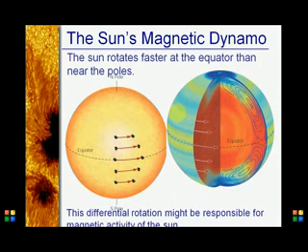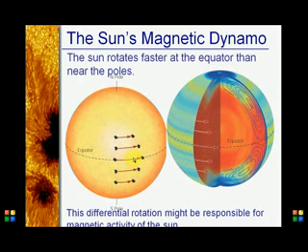The sun rotates faster at the equator than near the poles, and that's, as we said before in the previous lecture, because we need to make the sun all rotate at the same time, so we need the equator to revolve faster.